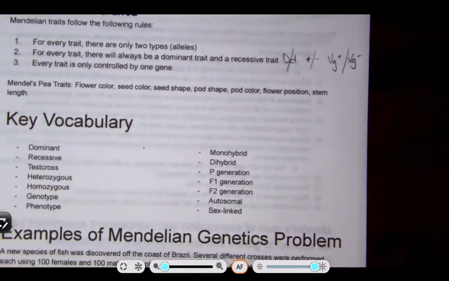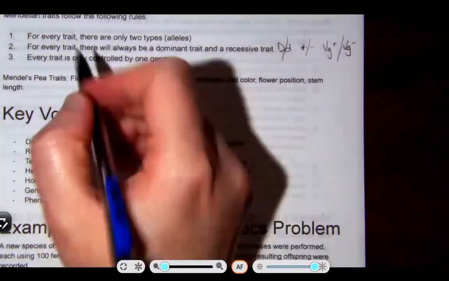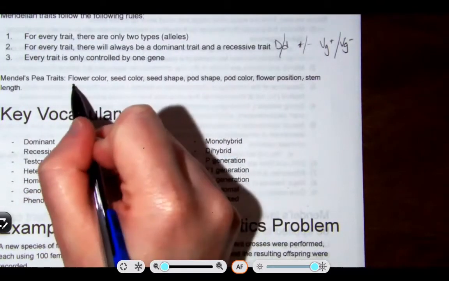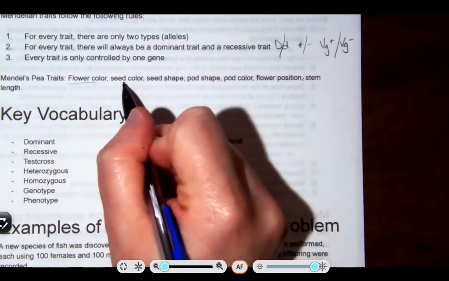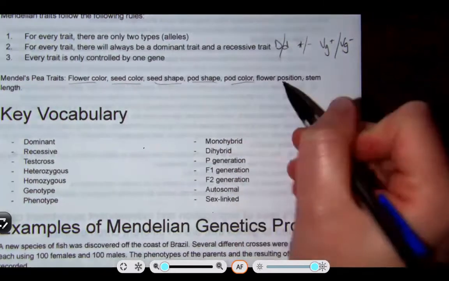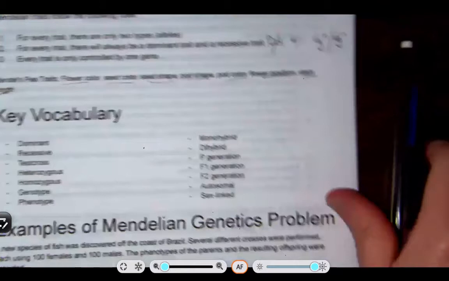Mendel's pea traits, by the way, it's helpful to know offhand. Everything doesn't follow this; flower color can be different in other plants. Flower color, seed shape, pod color, flower position, and stem length are all examples of Mendelian traits in pea plants.